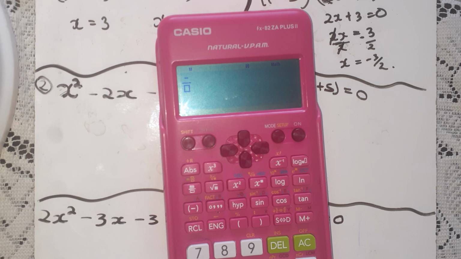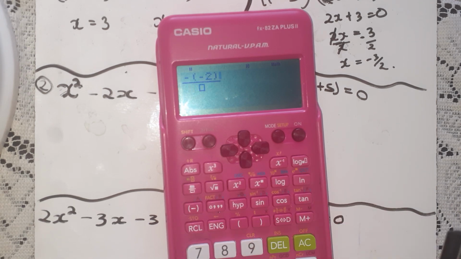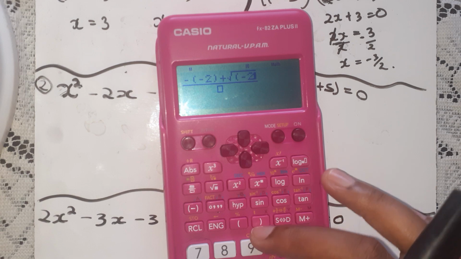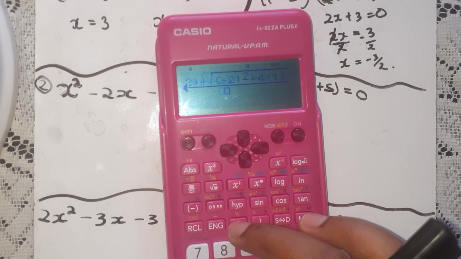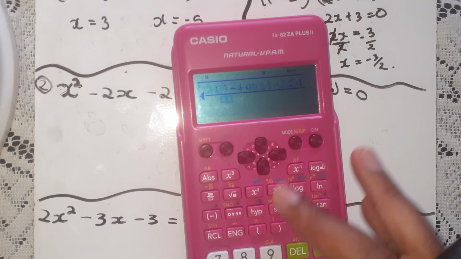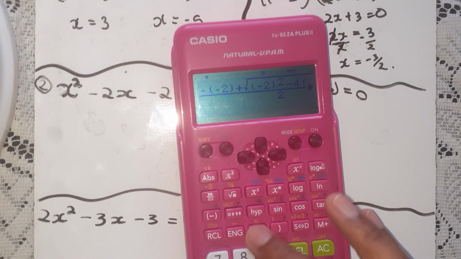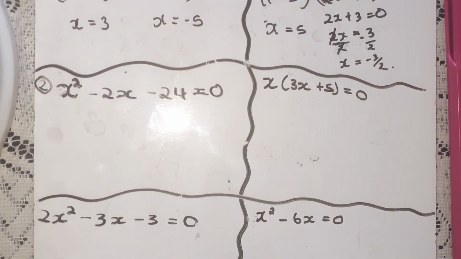So that will be negative into negative 2 plus negative 2 squared minus 4 into 1 negative 24. So I'm just teaching you how to pass easy. Okay, if you're in grade 12, you should be getting total on this type of question.